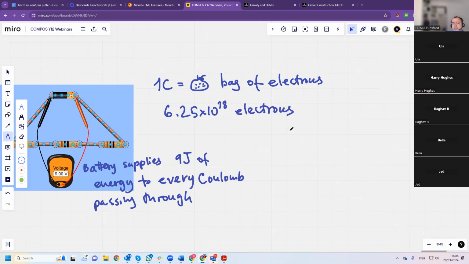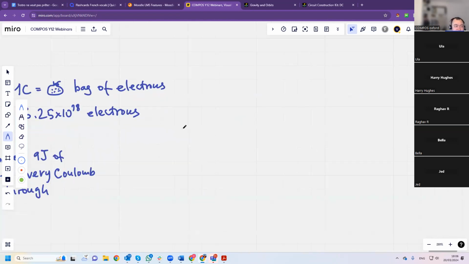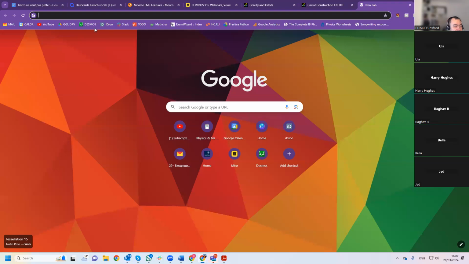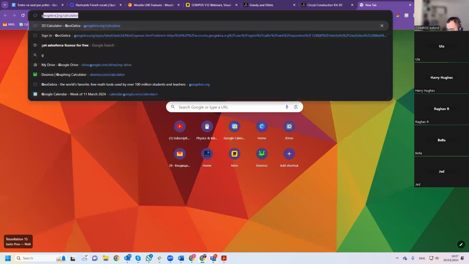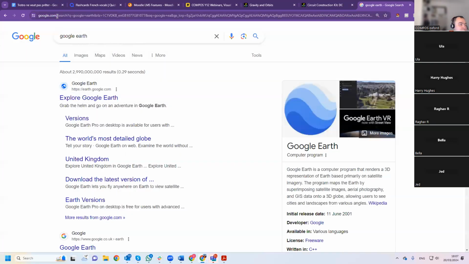And let's just for fun imagine this number, because it's a really big number, but how big is this number? Well, imagine you go to Google Earth.